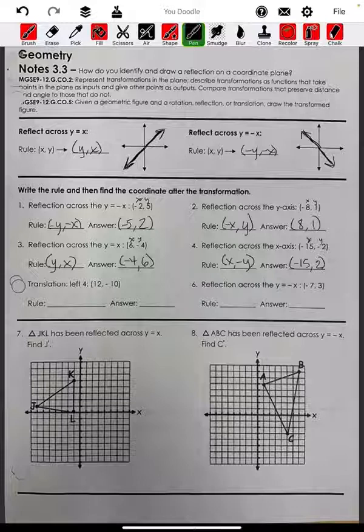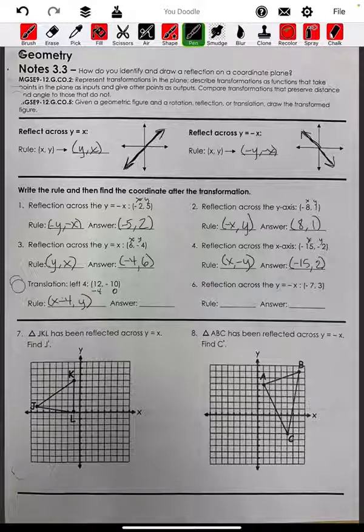Okay? Next, we have a translation, left 4. So that means that there's no up and down. So if it's left 4, that's going to be a -4. So that goes underneath our first term, or x. And you can put a 0 here. You don't have to, but that way you know you're not going to do anything to it. So our rule here is x -4, comma y.